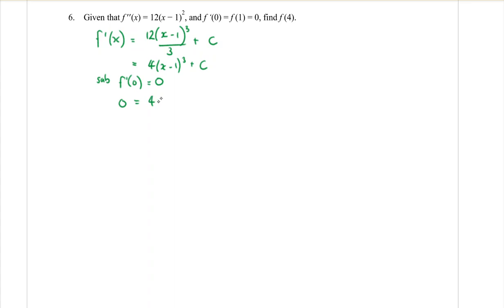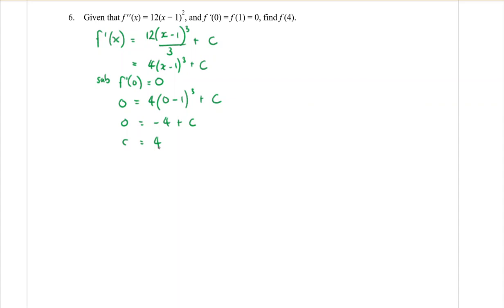Don't think that that necessarily means that everything is 0, because it doesn't in this case. 0 minus 1 cubed plus c. 0 minus 1 is minus 1. Minus 1 cubed is still negative 1. Times by the 4 is negative 4. So c is equal to a positive 4.